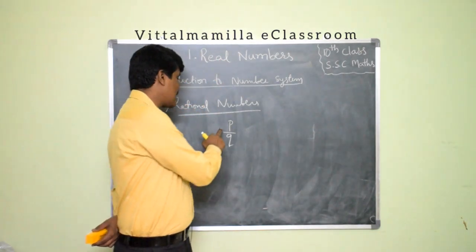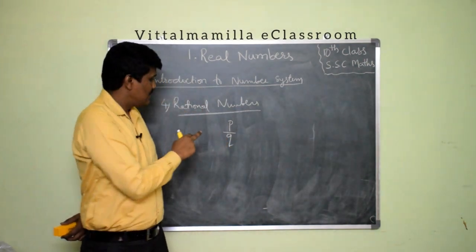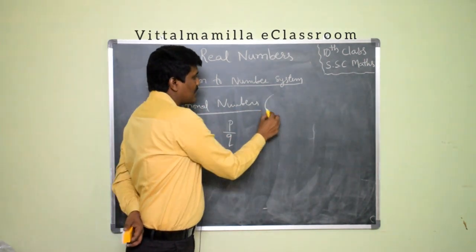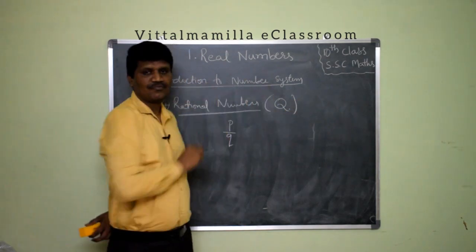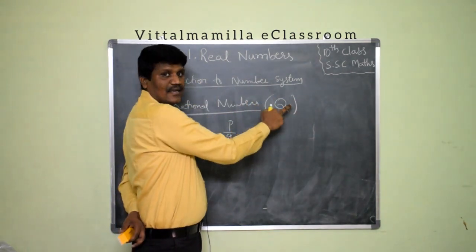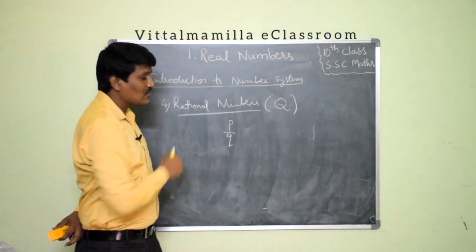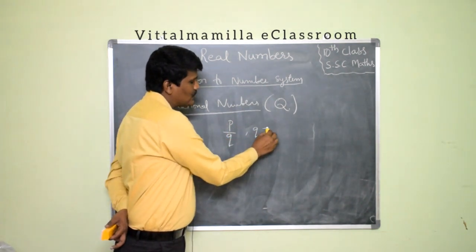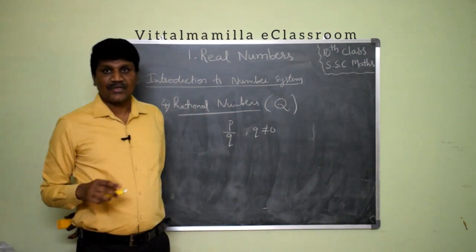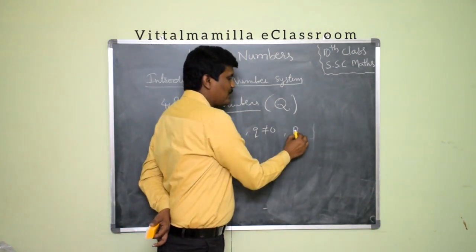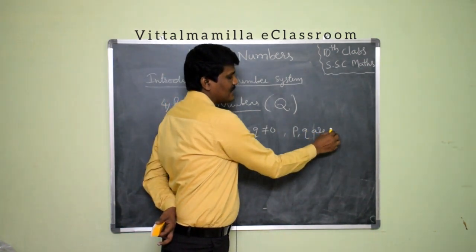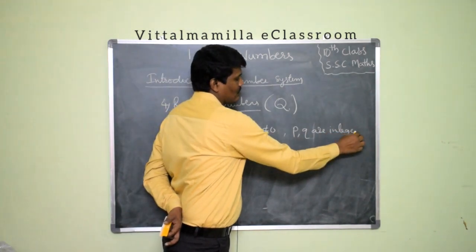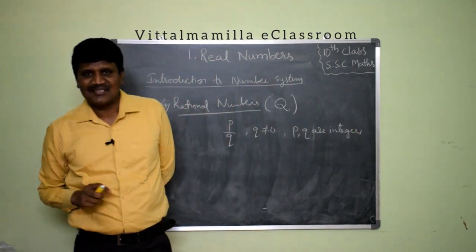Then the number system is called rational numbers. It is denoted by capital Q, where q should not be 0, and p, q are integers.